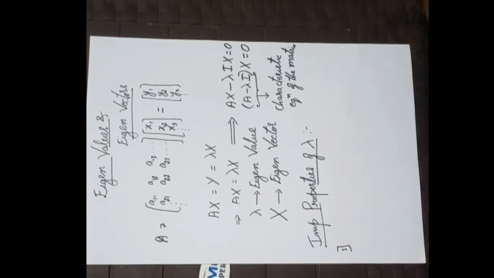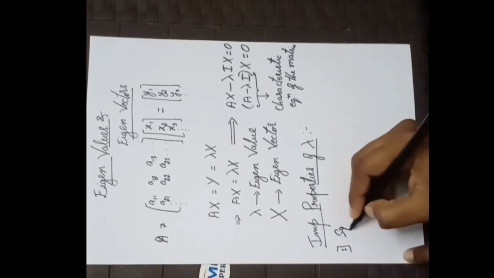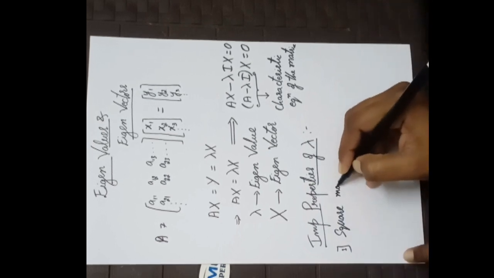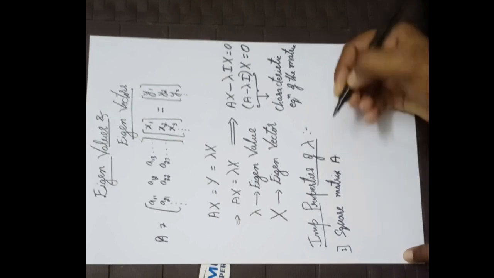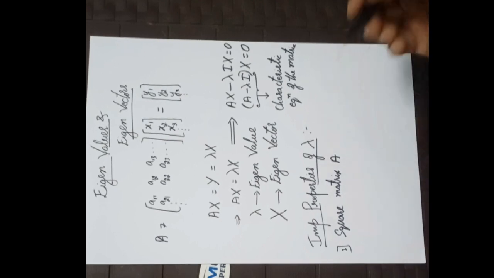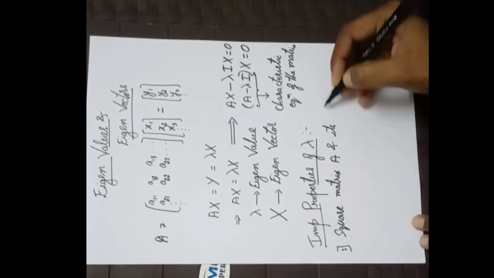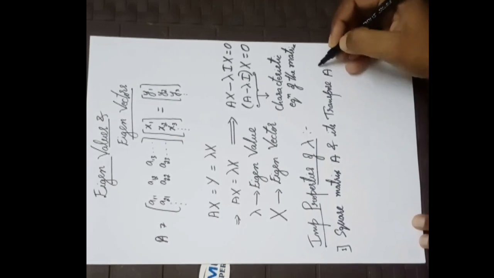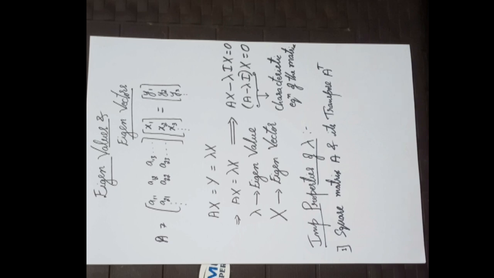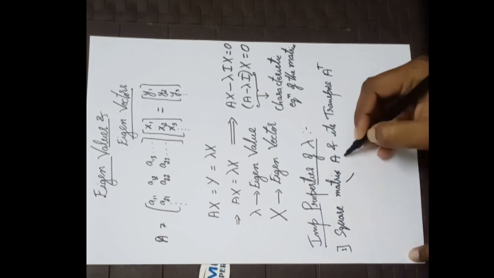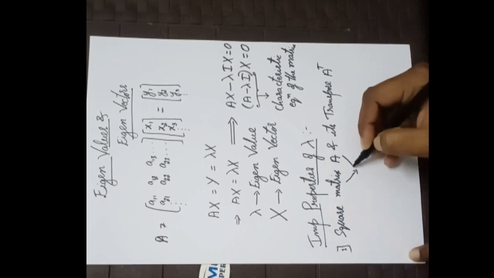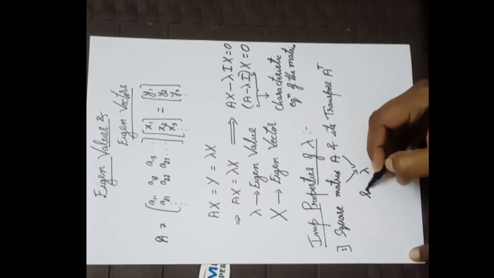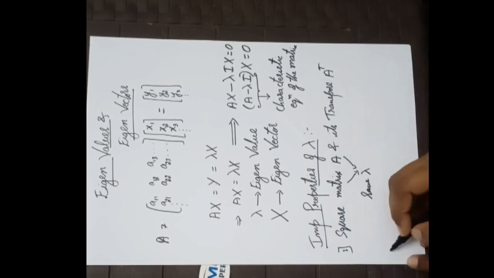The first important property, let's go through it in a brief way: for any square matrix A and its transpose, A transpose, they both have the same eigenvalues, the same lambda. This is one of the properties.